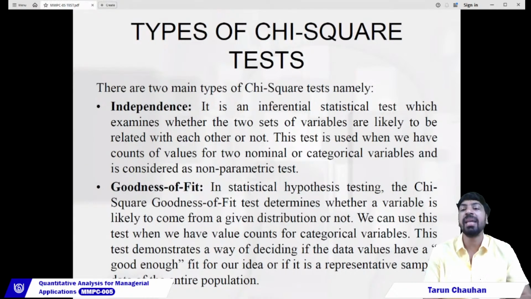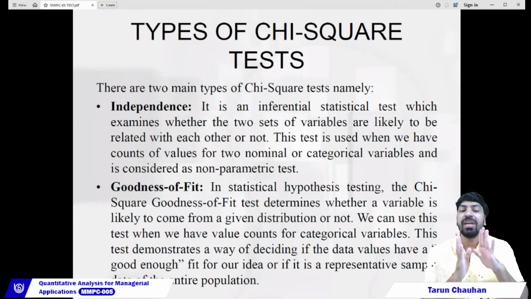This test is mainly applied when nominal or ordinal variables are measured, and it is also considered a non-parametric test. Any variables measured at the nominal or ordinal category, such measurements are called non-parametric tests.